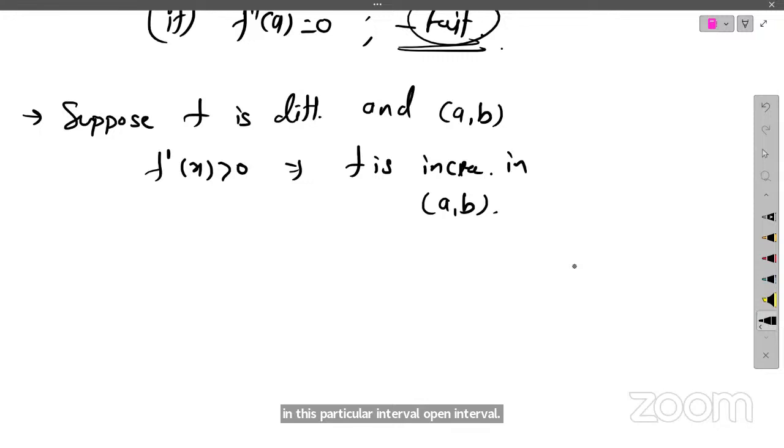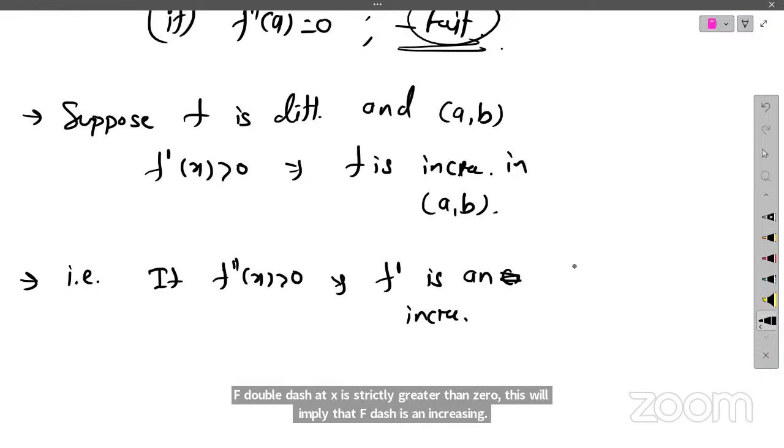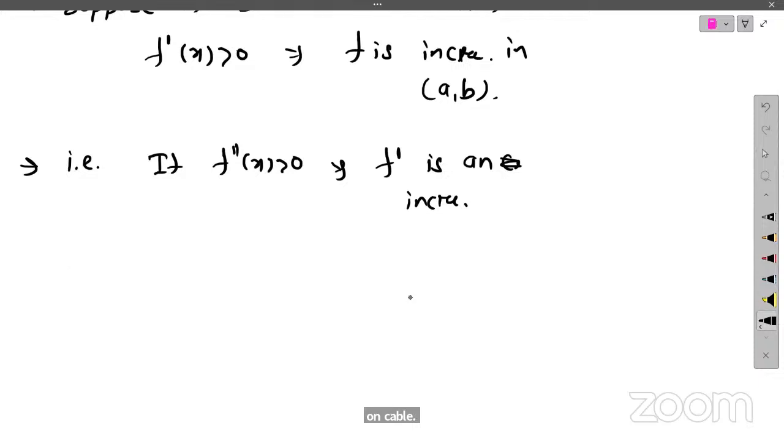So the sign of the derivative tells us increasing or decreasing. Here we are observing the increasing and decreasing behavior of f dash using f double dash. So if f double dash of x is strictly greater than 0, then we can say that f dash is increasing.